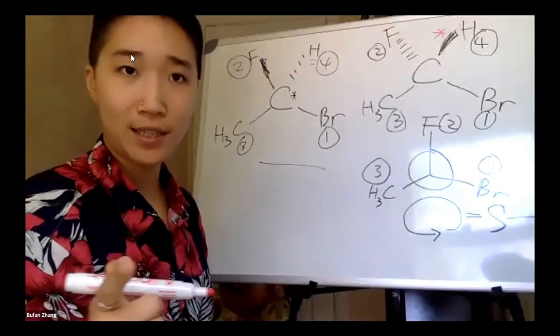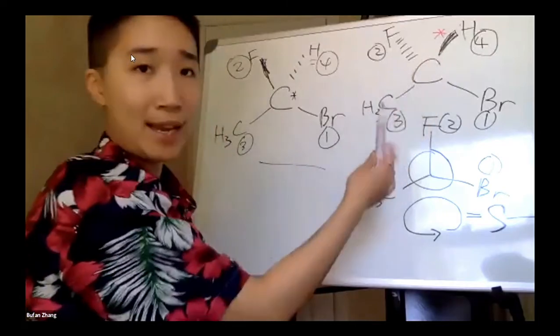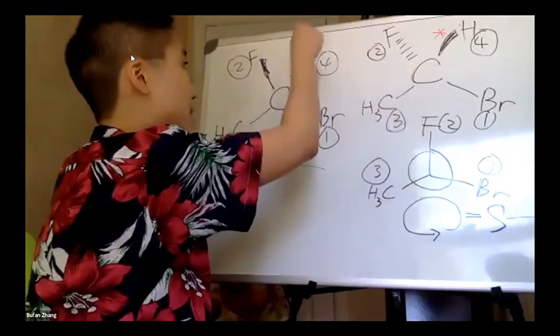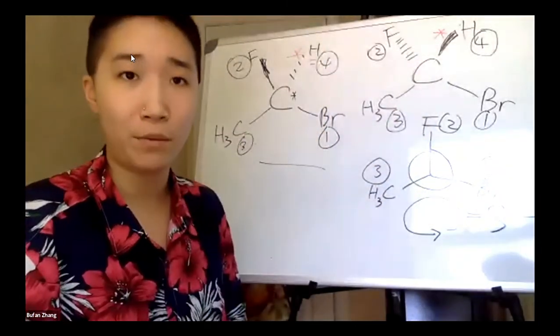I guess everything is the same, but the hydrogen is not a dashed line anymore, it's a wedge, so it's going out towards us. Absolutely, you're right. So the difference is that this bond is coming out towards us, whereas this bond is going into the plane of the board.